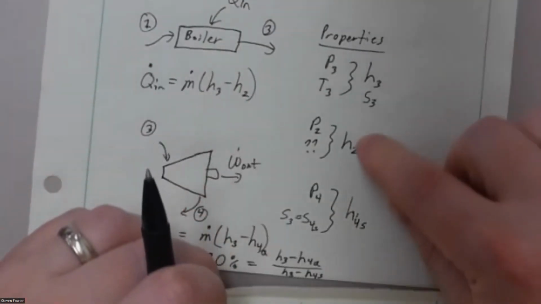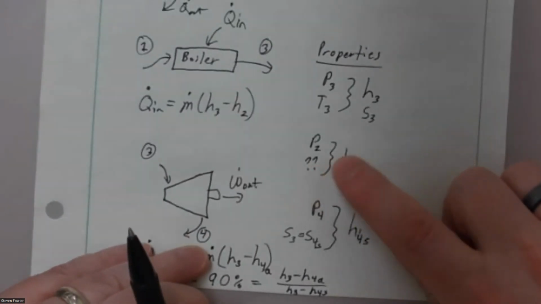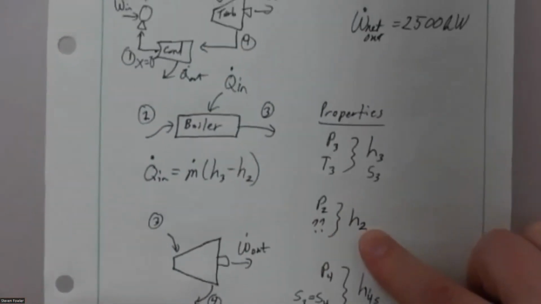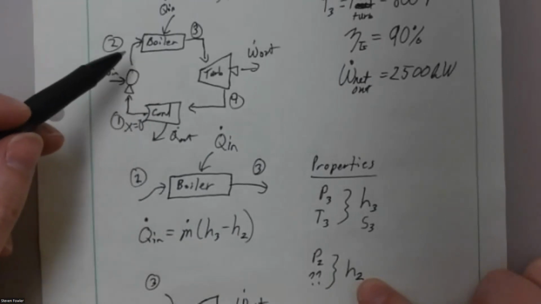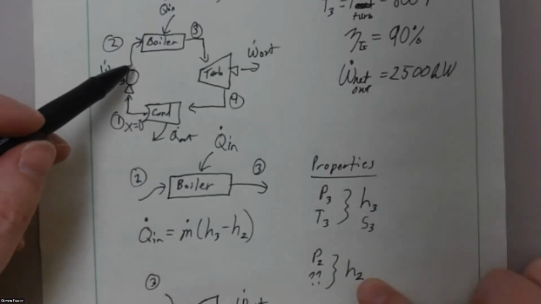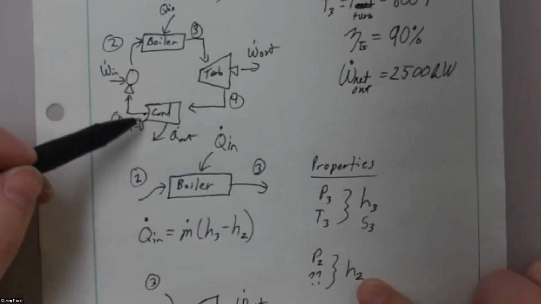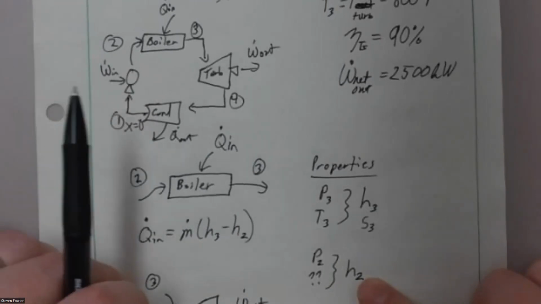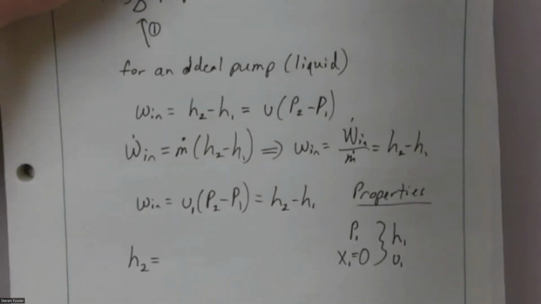If I go back up here, remember, I didn't know a second state about H2. What do we know here? Well, it's coming out of this pump. All I know is it's a liquid at a jacked up pressure, but I don't know a temperature or another state. I don't have enough information to find H2 directly, but I do have a clear path down here.